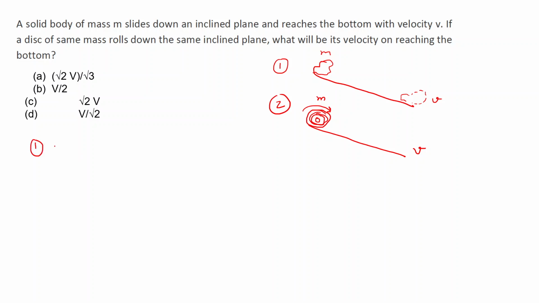For the first body, when it was at top, it had only potential energy. Say some height of the inclined plane is h, and when it reaches the bottom, all its potential energy would have converted to kinetic energy, right? That is half mv square.